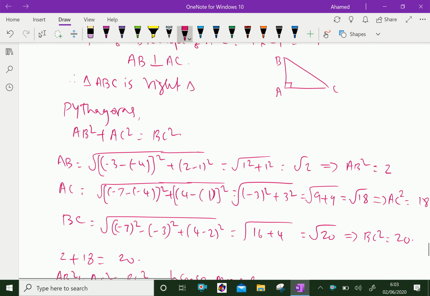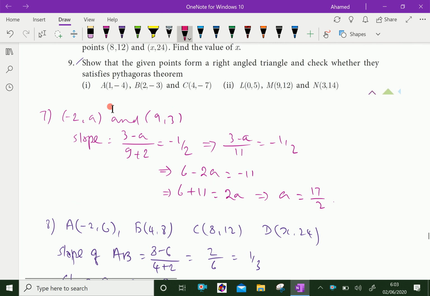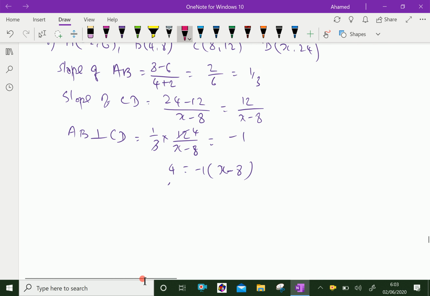Next question. Here, second part of the question. L equal 0, 5, M equal 9, 12, N equal 3, 14. Triangle LMN.